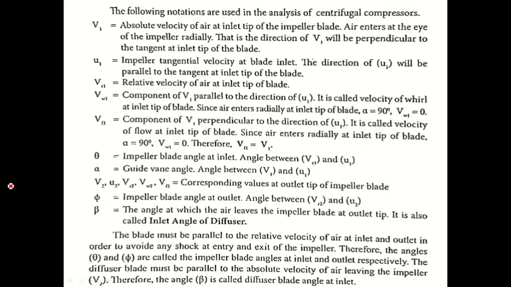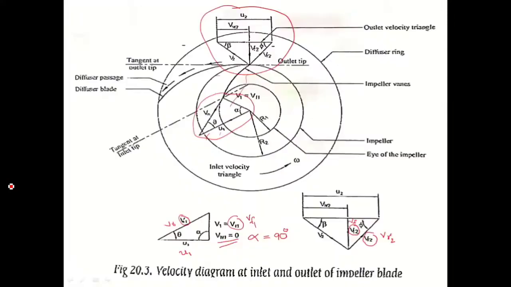Since air enters radially at inlet tip of blade, alpha is equal to 90 degrees, Vw1 is equal to 0, and Vf1 is equal to V1.